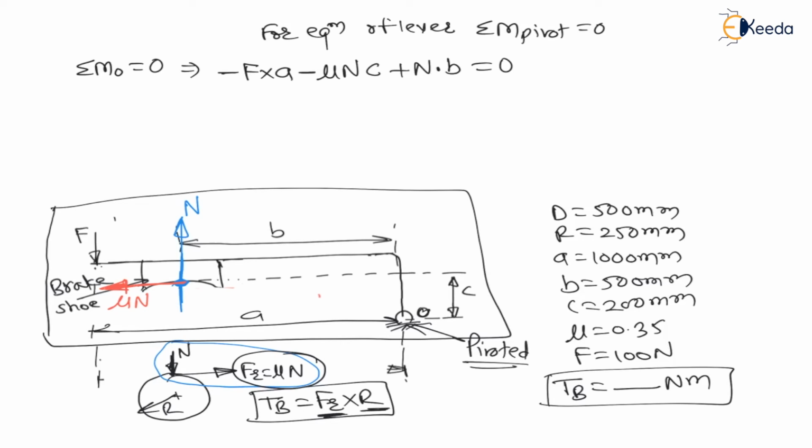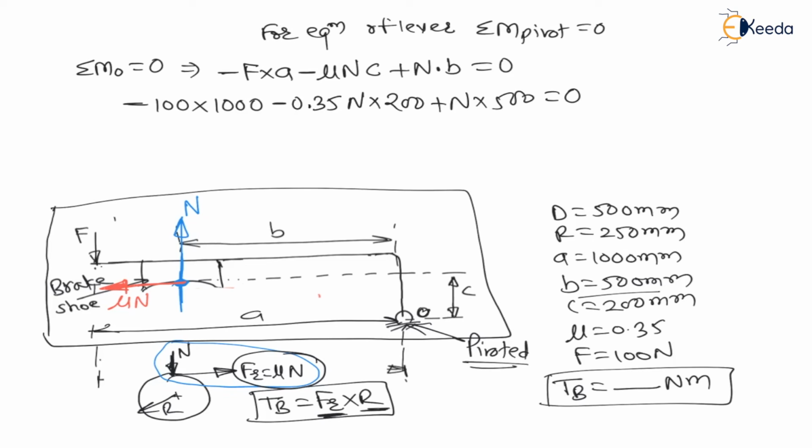Now put the values. F is given as 100, minus 100 into a, distance a is given as 1000, minus coefficient of friction 0.35, normal reaction is unknown, into c, which is given as 200, plus normal reaction is unknown, b is given as 500, is equal to 0.